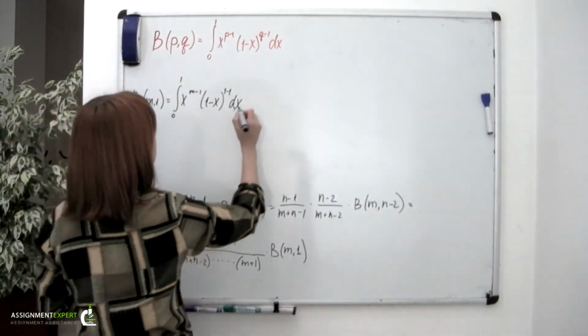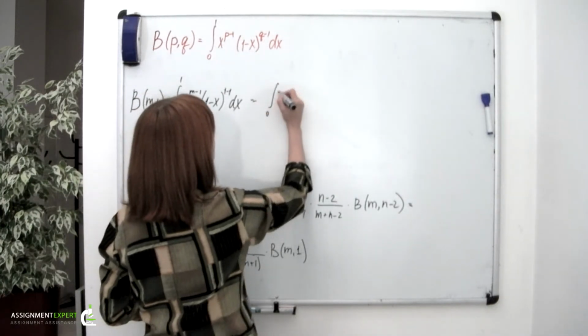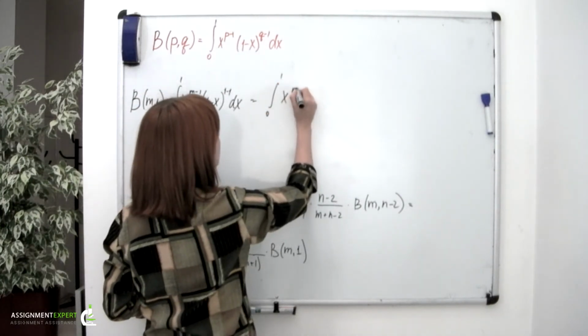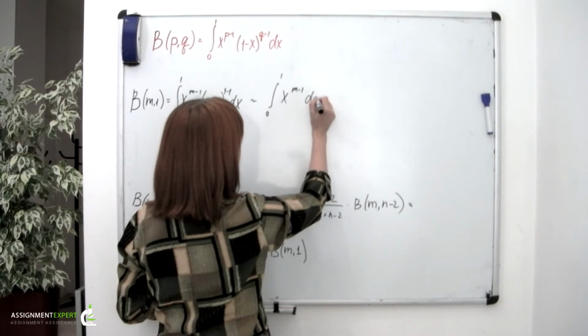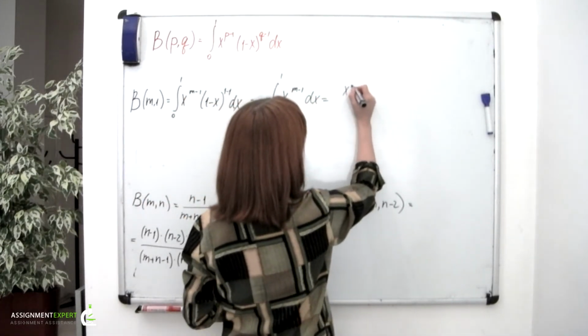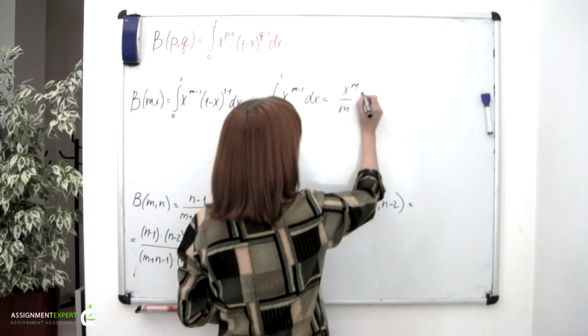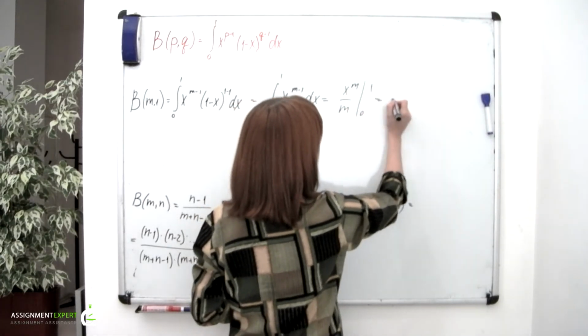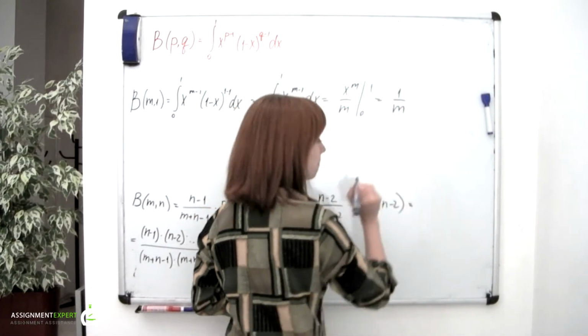So I have the integral from 0 to 1 of x to the m minus 1 dx, which is equal to x to the m over m from 0 to 1, which is equal to 1 over m.